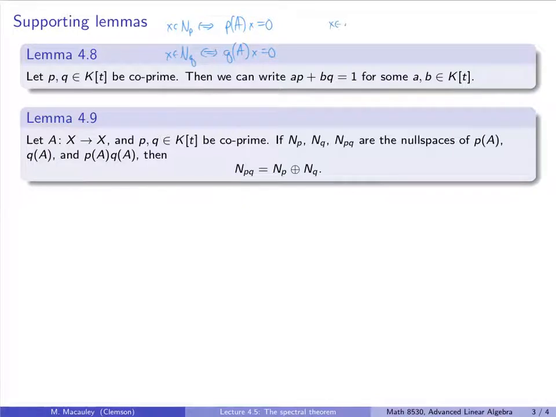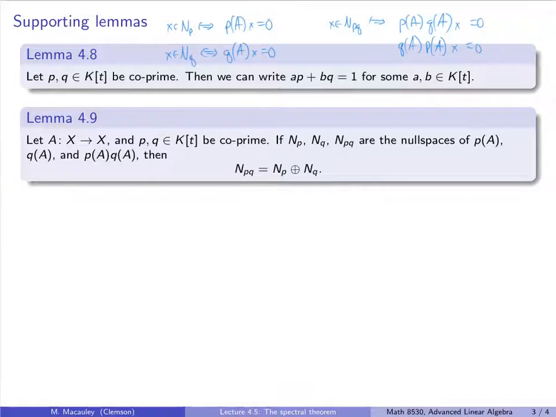And x is in the null space of PQ if and only if P of A, Q of A, x equals 0. Now because these are polynomials in A, they commute. So that's the same thing as saying Q of A times P of A times x equals 0.